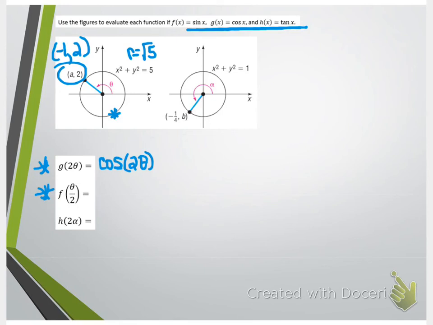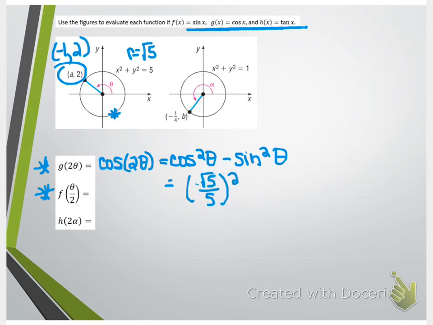That's the one that had 3 different versions you could pick, but the first one that we got was cosine squared theta minus sine squared theta, and then we derived the other two, so I'm going to go with that one. All right, so we just figured out what cosine of theta was, and you said that was negative root 5 over 5, quantity squared, minus, and we said the sine was 2 root 5 over 5, quantity squared.